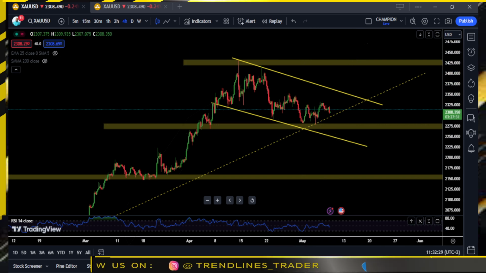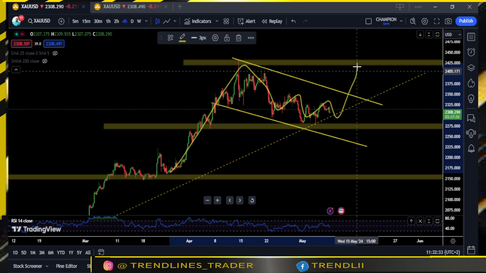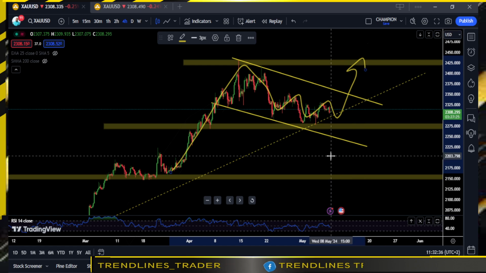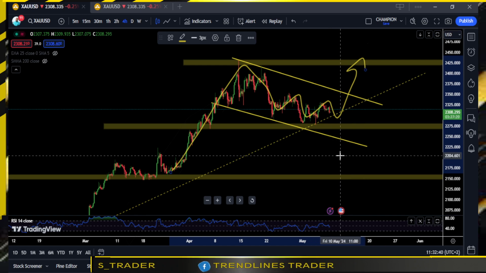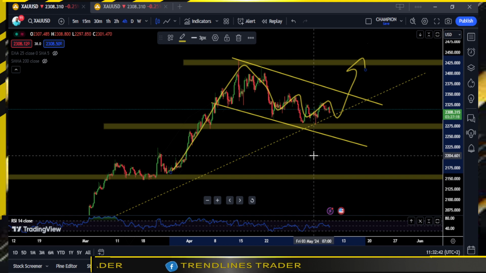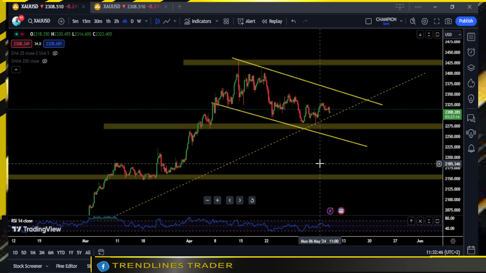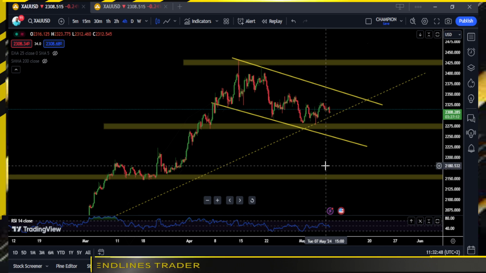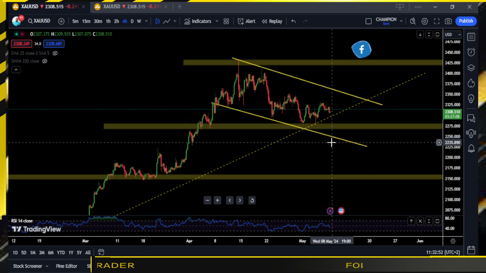This really reflects as our flag, or we can call it our pullback, as we know that the price has to push towards the upside, and then later on it will start to relax or pull back, so it takes time before it pushes towards the upside.